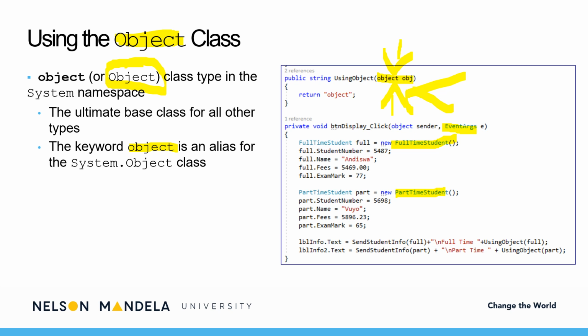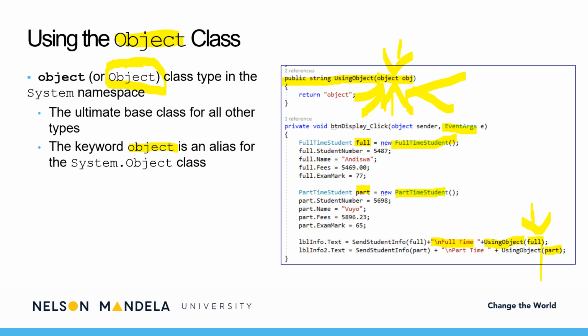So we've got a method here that is a string method that is called using object, and we use that method just to build up a string. We've got full-time, and then you just say plus using object, and over here it requires an object. And now, since we've got an object that is called full and we've got an object that is called part, in both of these we had full over there, we got part over there.